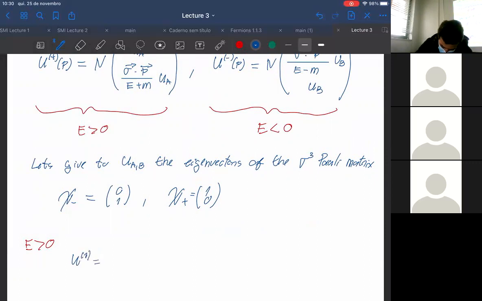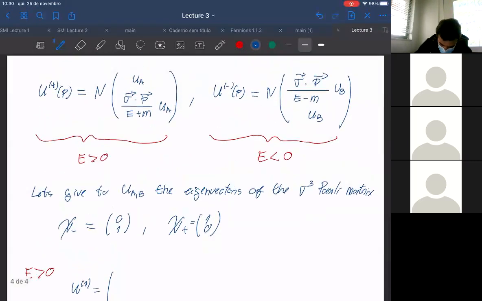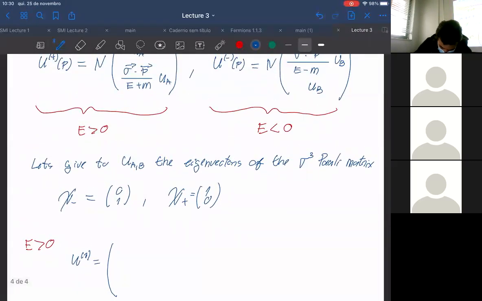So u1 is going to be a four-spinor. This is uA, the spin up, so it's going to be 1, 0, and now we have pz over E plus m.